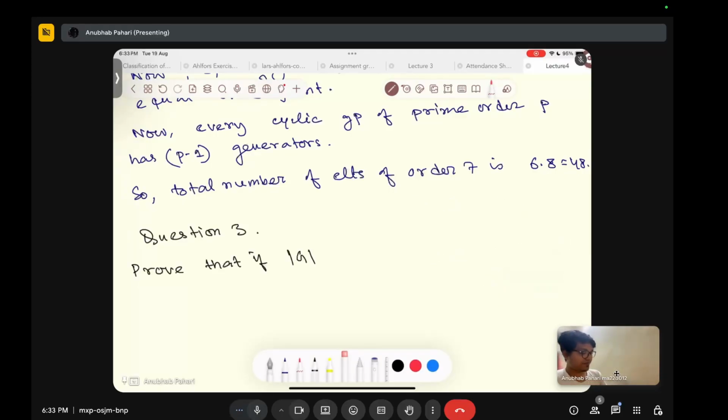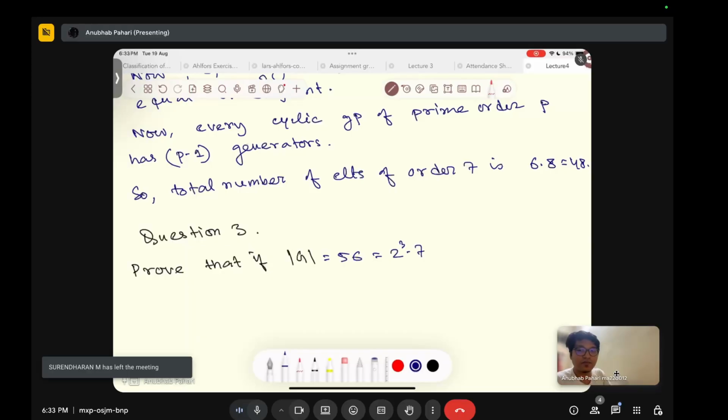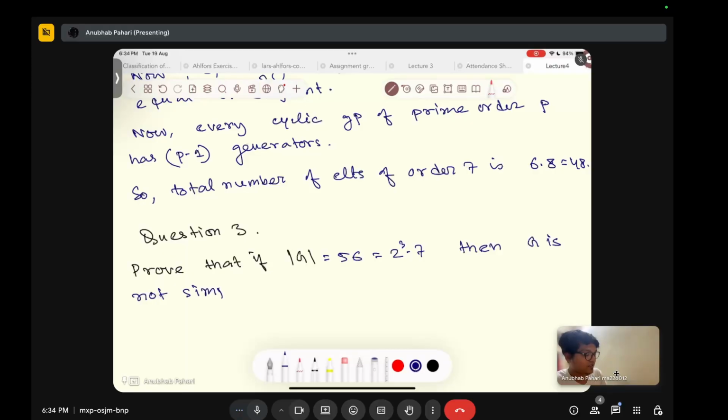Okay, the question I have is a little monotonous, but this will be our last same type question. Then G is not simple.